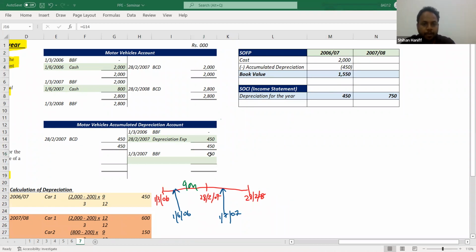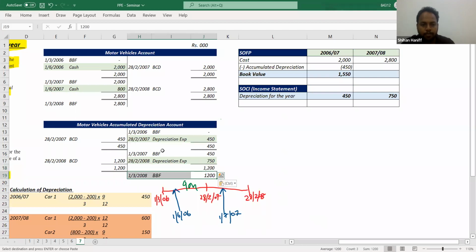Cost is 2,800. Depreciation expense is 750. Now the total depreciation is 1,200. Here, what you need to understand is how we prepare the financial statement. 1,200 is the closing balance.